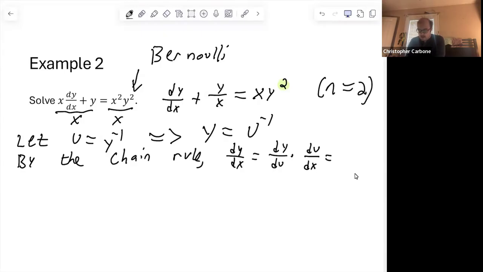So in our case, dy with respect to u is going to be negative u to the negative second power when we take that derivative, times the derivative of u with respect to x.